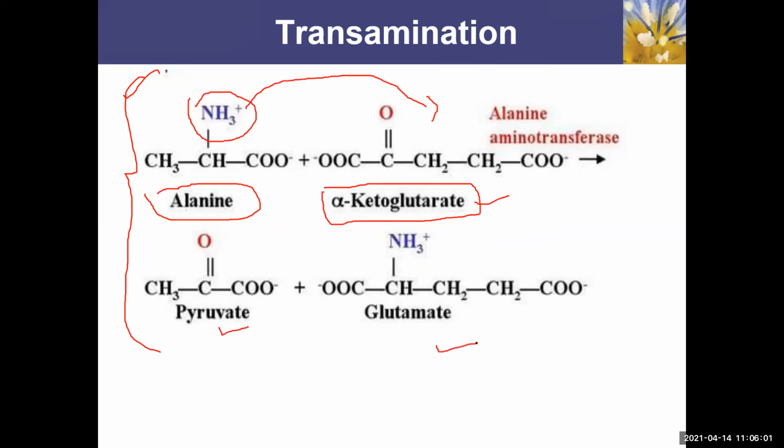So sometimes this transamination reaction is done by the body to synthesize the amino acids. So transamination reaction is the source of synthesis of non-essential amino acids also. Okay, is it clear?